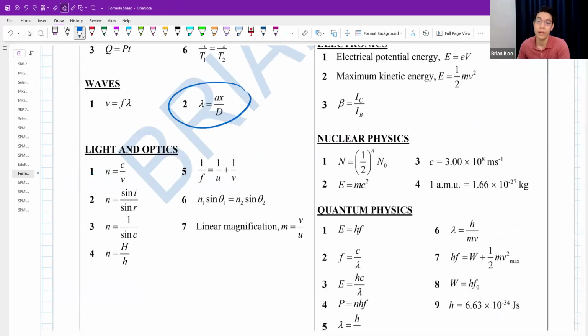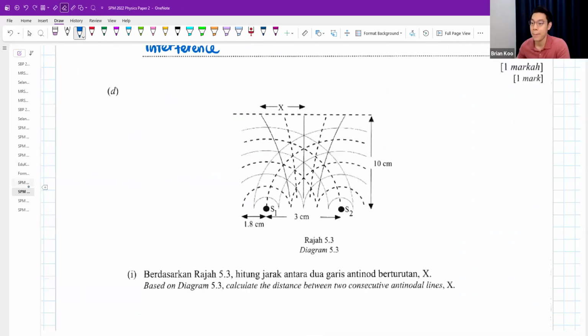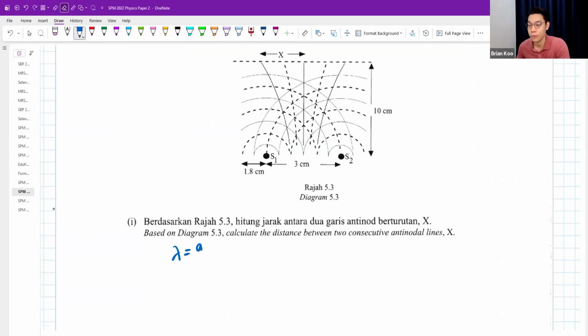This one. Lambda equals AX over D. And the question asks you, please go and find the X.